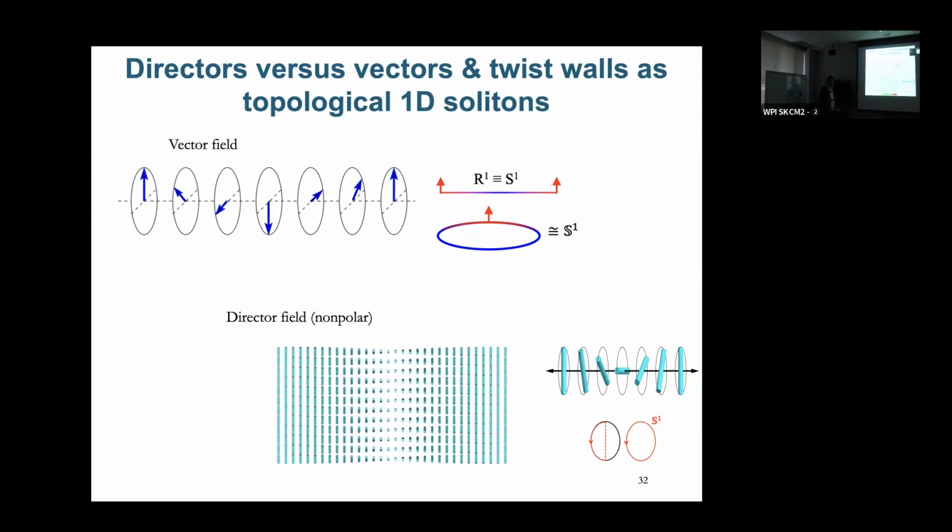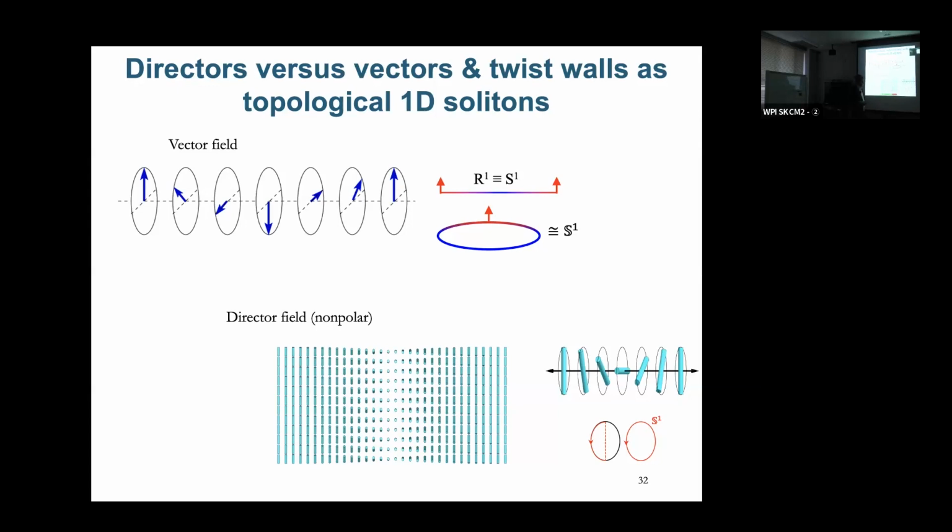When we have a director field, we do not need 360-degree rotation to have a solitonic wall. 180-degree rotation is enough, because you can see you get to the same uniform state after just 180-degree rotation.